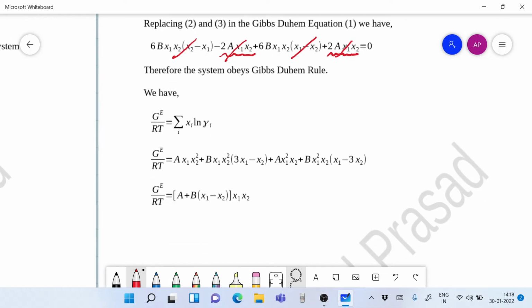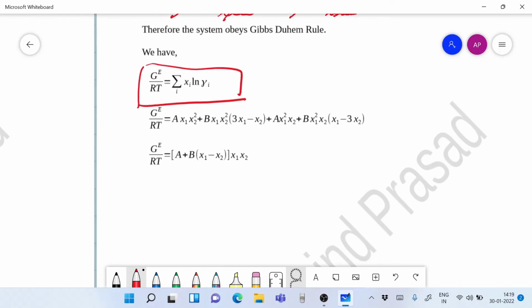Now the excess Gibbs free energy is given by this equation, that is GE by RT is the summation over i, where i is all the components, of xi, the mole fraction of component i, into ln gamma i, that is the natural log of the activity coefficient of the component.